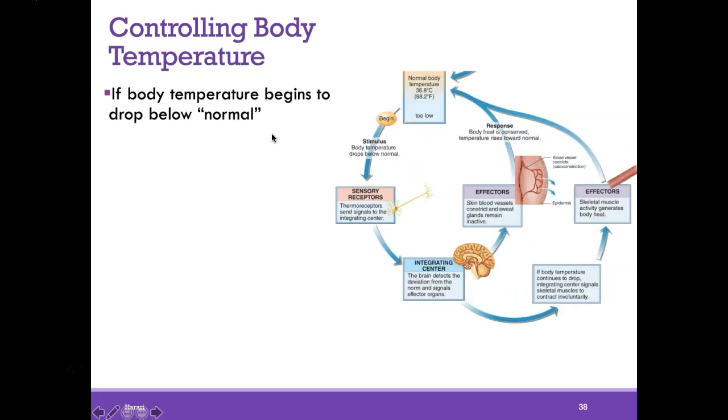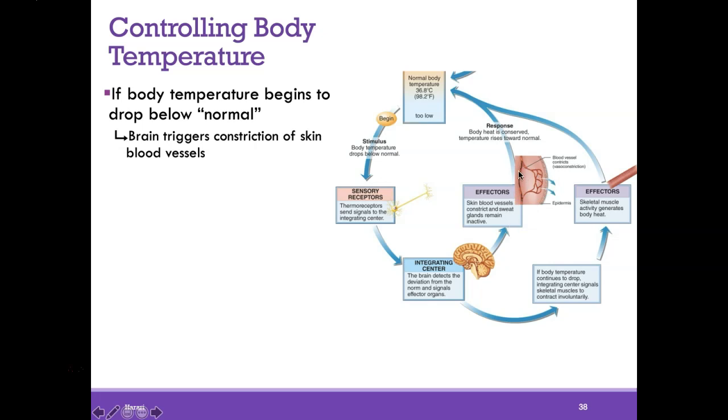Let's say our body temperature begins to drop. Then our thermoreceptors will again detect that something has deviated from normal, but this time they will tell the brain to trigger vasoconstriction of the skin blood vessels. When the blood vessels of the skin constrict, that means blood will be retained inside, will not be lost, right?